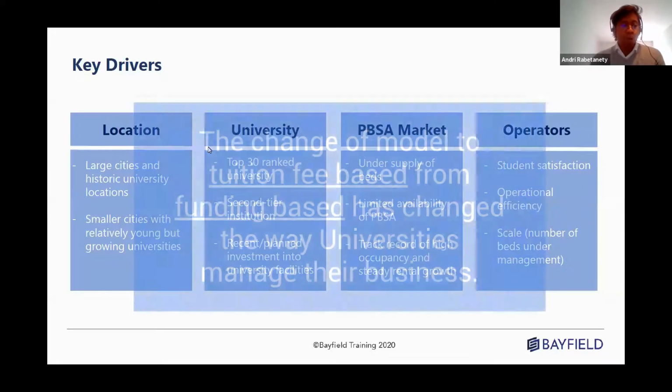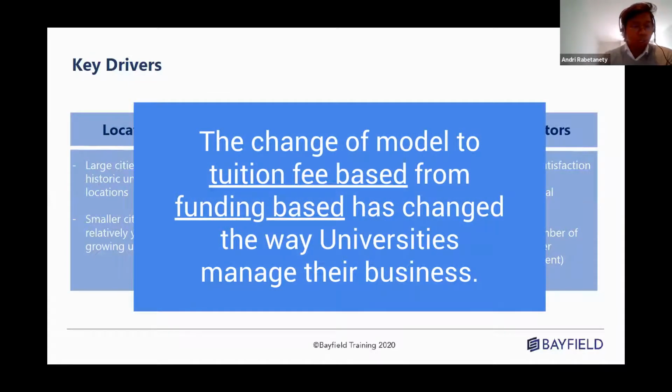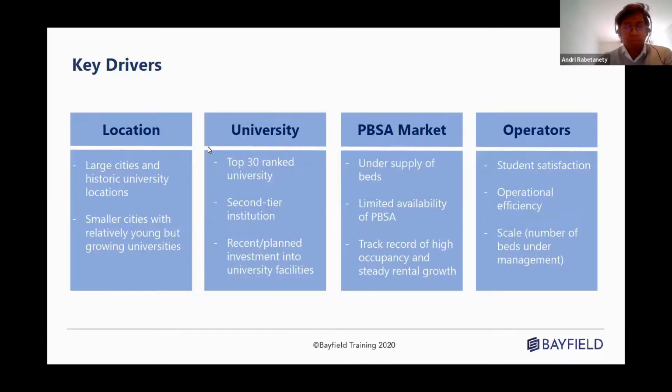The change of model from funding based to tuition fee based has totally changed the way universities manage their business. Income driven by tuition fee is being invested into facilities, teaching, and research to drive the global appeal to students.